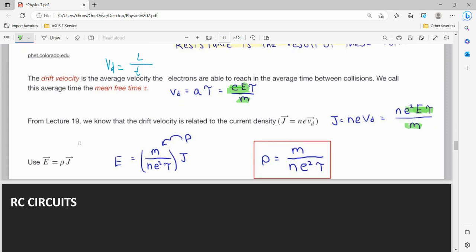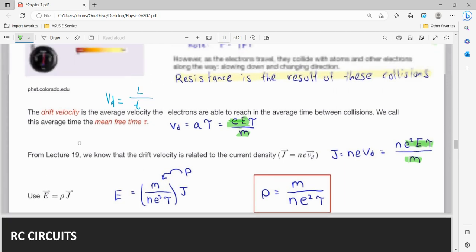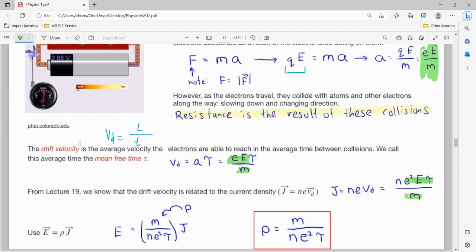And we can plug in our value there to get rho is equal to mass over the number of electrons times our elementary charge squared over tau. So just a different rearrangement of equations based on this property up here.